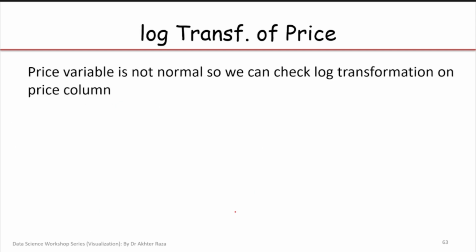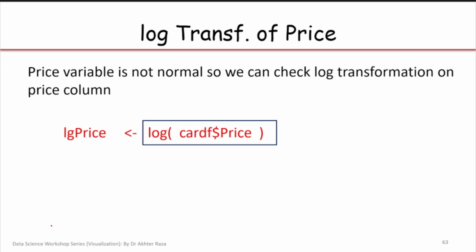Then the second transformation which I will use is the logarithmic transformation of prices. The same command, but instead of the square root function, I use log. And in R, the log is a natural log.